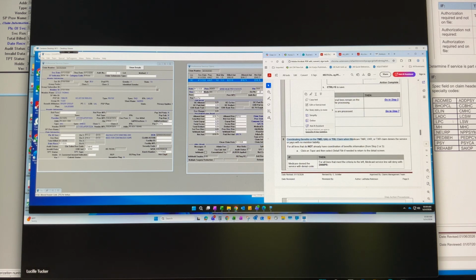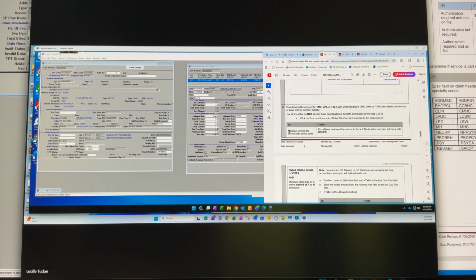The reason I am bypassing step 4 is because this is me: coordination of benefits claim when Medicare claim denied the services or pays with no patient liability. This is us, because we have no patient liability on this claim.